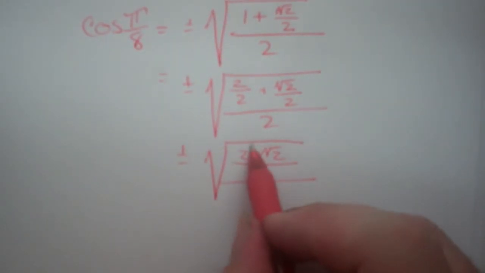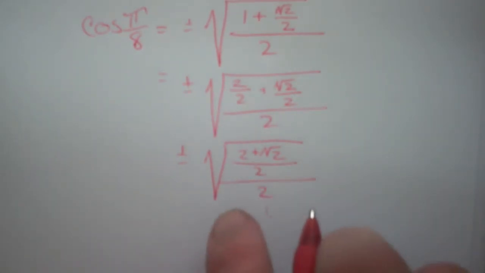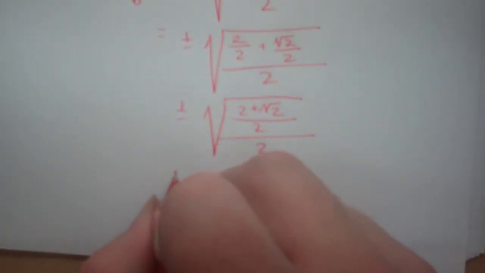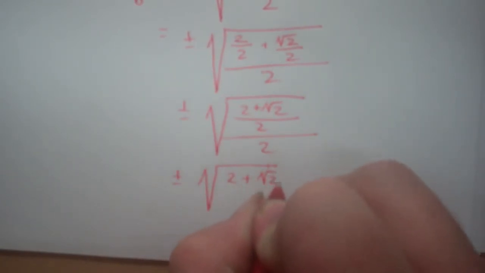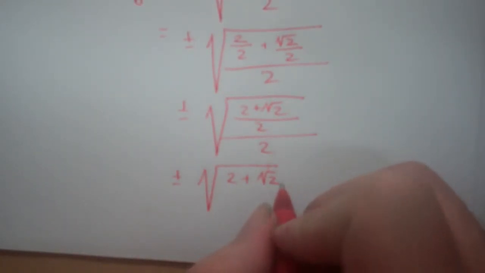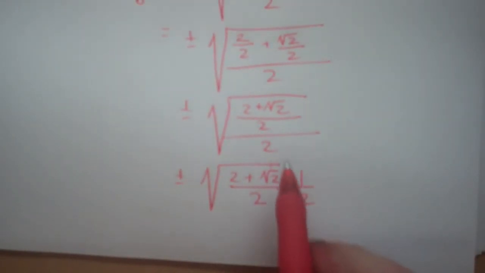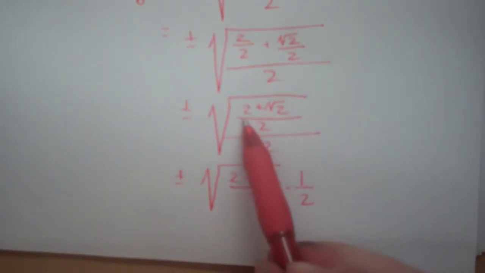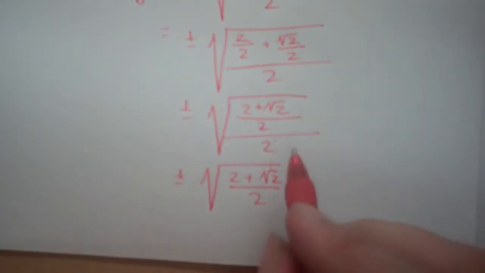This is a fraction on the top divided by a fraction. So this is 2 over 1, so it's like a fraction on the bottom. The way you deal with that is by multiplying by the reciprocal. So we get plus or minus the square root of 2 plus radical 2 over 2, and then times 1/2, right? Times 1/2 because here's your 2 plus radical 2 over 2, right there, times the reciprocal of 2 over 1, which is 1 over 2.